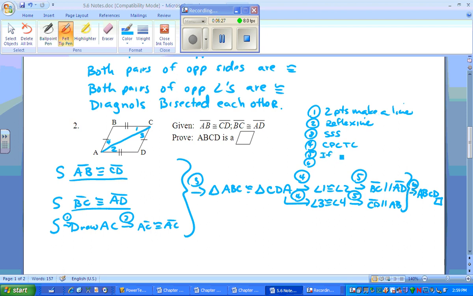So it says if alternate interior angles are congruent, parallel. And then 6 would be if both pairs of opposite sides parallel, then parallelogram.